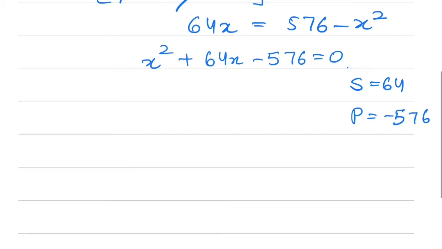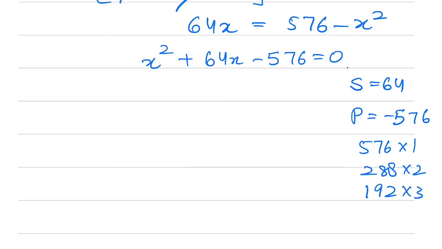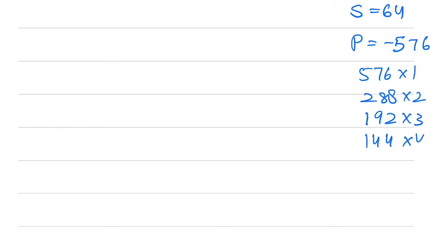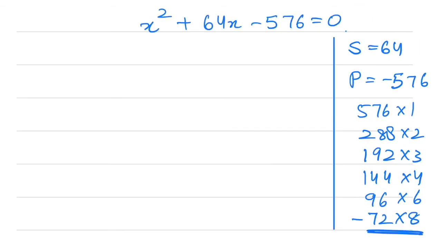So let's find out the factors of 576. 288 into 2, 144 into 4, 6 times 96, 8 times 72. We can take plus 72 and minus 8.